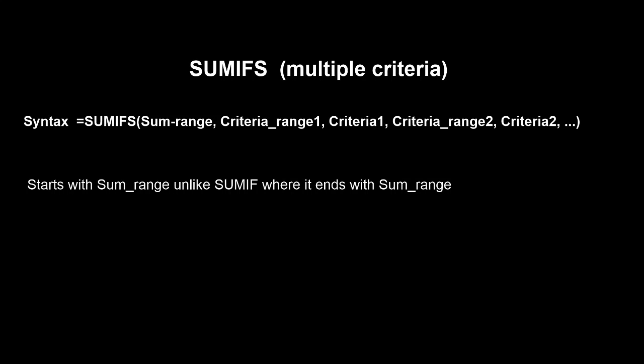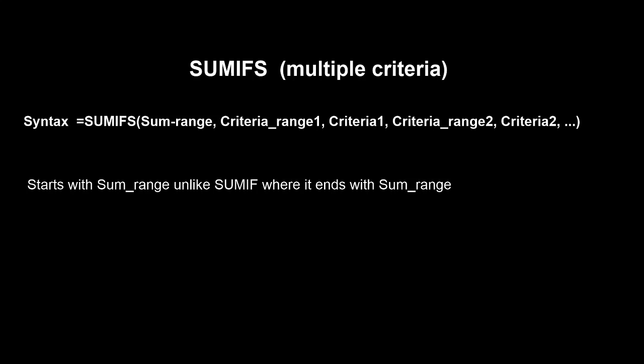And if you notice, with your experience with the SUMIF function, usually the sum range comes last. But since we can have multiple criteria and it can go on for a long time, we had to do the sum range first.